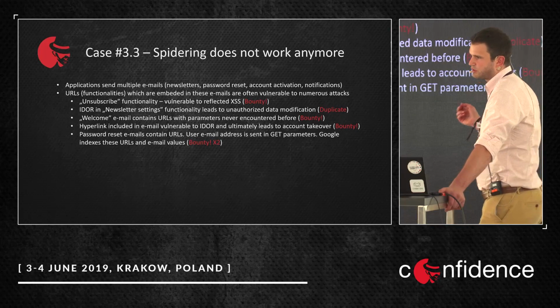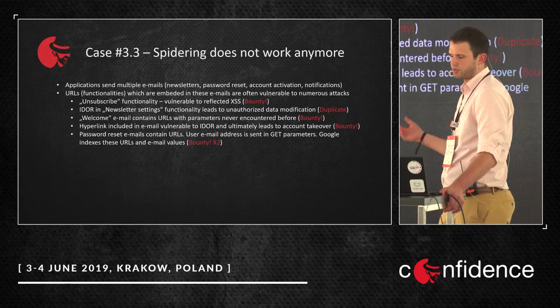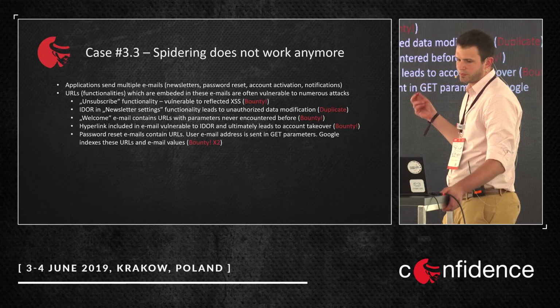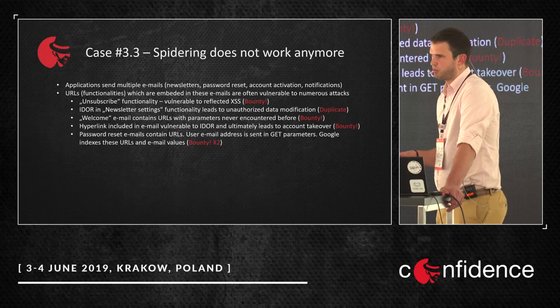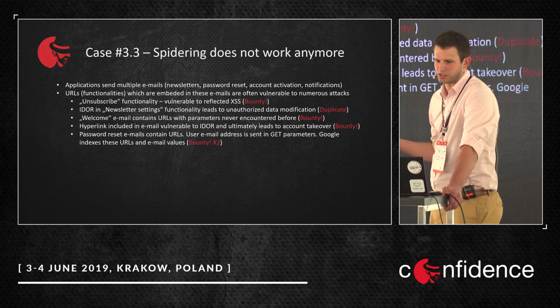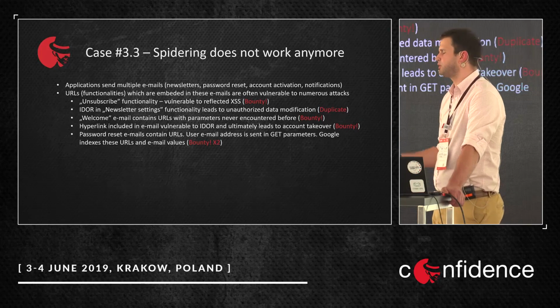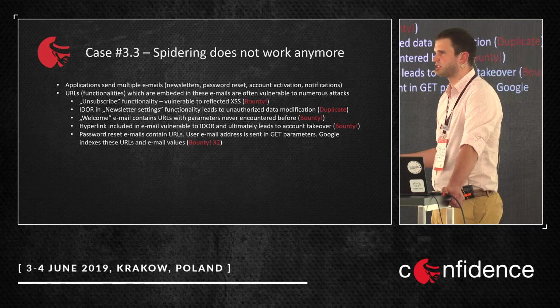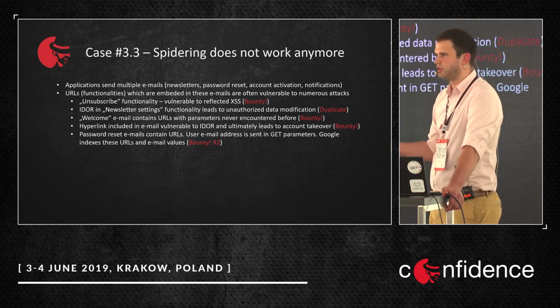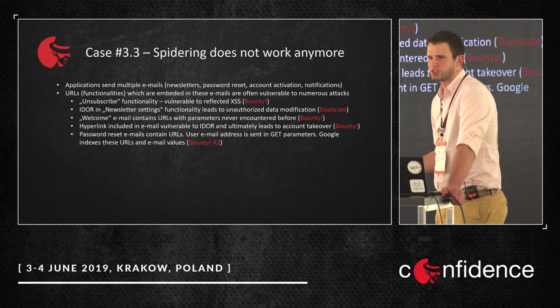As I mentioned, a lot of applications send different things in the mail body. So what I usually do is put in my email address and register myself to everything that I can register for: subscribe, unsubscribe, refer a friend, newsletters, all of these things.